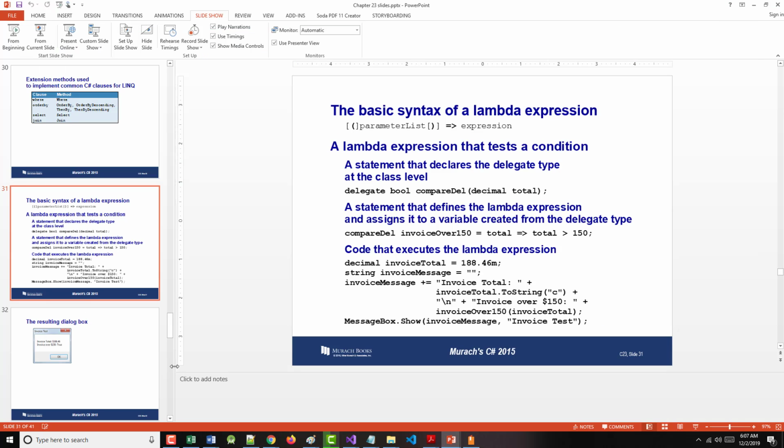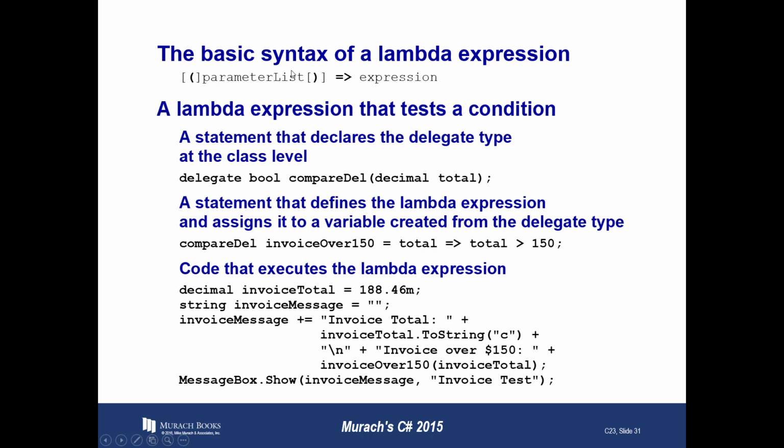So, as the author mentions, here's the basic syntax of a lambda expression. Parameters, expression. The way that I read this, be it right or be it wrong, is typically what we want is this is going to hold the answer, and this is going to be how you get there.